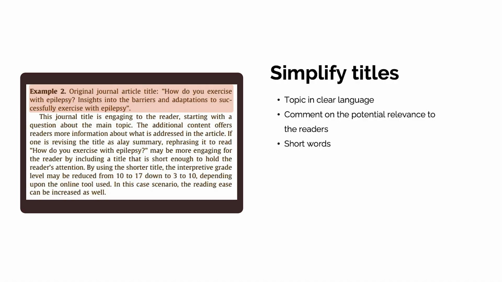Insights into the barriers and adaptations to successfully exercise with epilepsy," is engaging, gives the topic, and some additional information on what the article will explore. The authors could make the title easier to interpret by shortening it to simply, "How do you exercise with epilepsy?" which lowers the readability score even further.